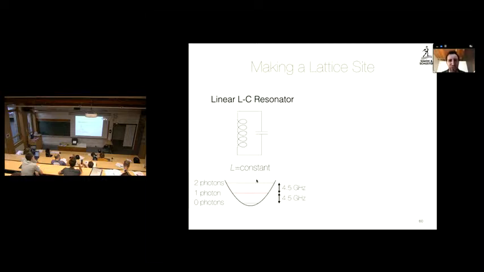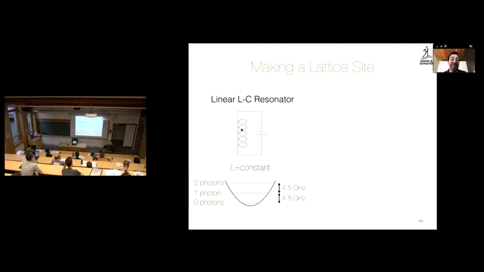Now, that's not quite true, right? If I put enough photons into this LC circuit, the resistance of the inductor would heat up the inductor, right? And when the inductor heats up, it probably expands. And when the inductor expands, its inductance changes. Yes?